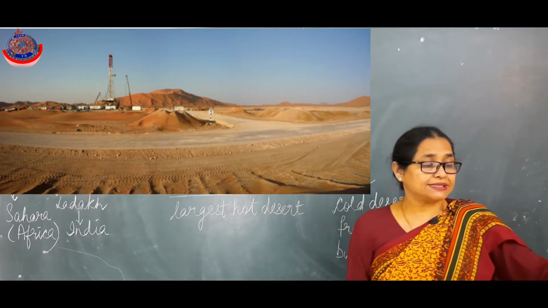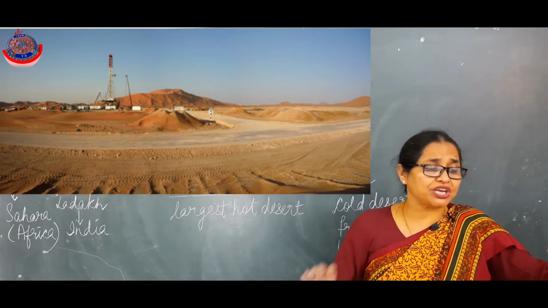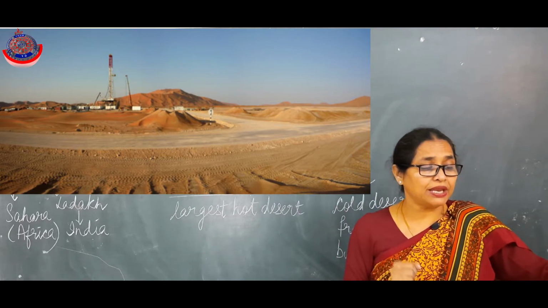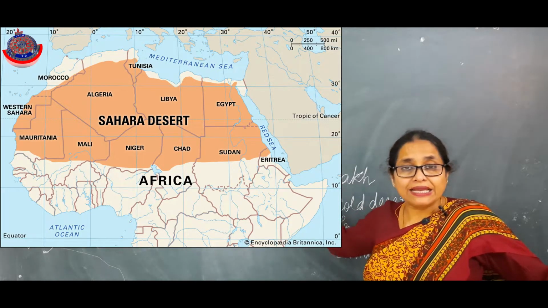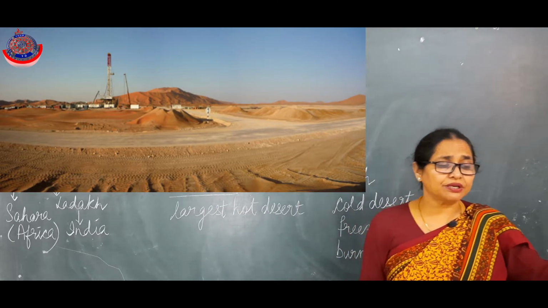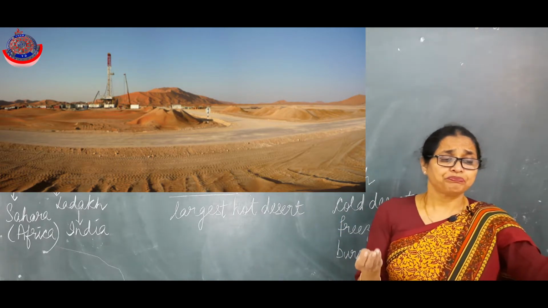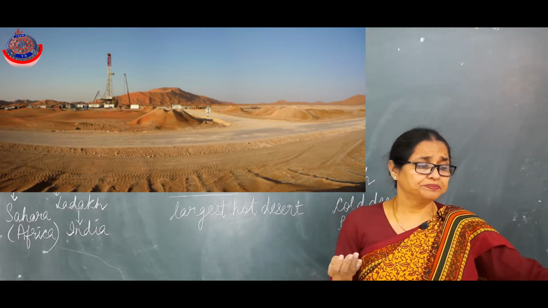The Sahara Desert is undergoing a fast change due to the discovery of oil in Algeria, Libya, and Egypt. The other minerals found here are iron, phosphorus, manganese, and uranium.